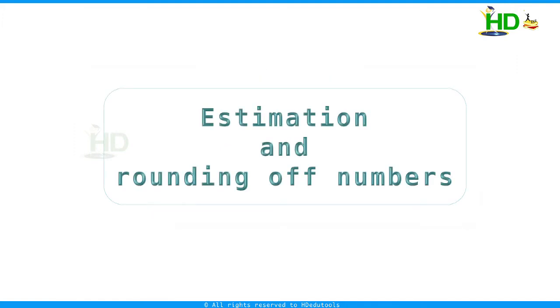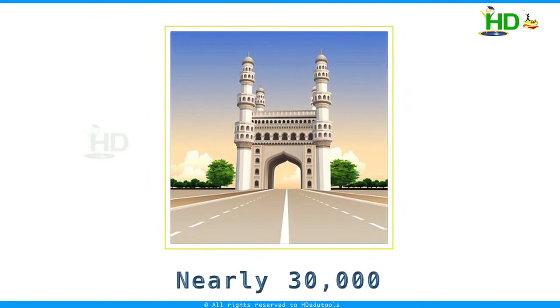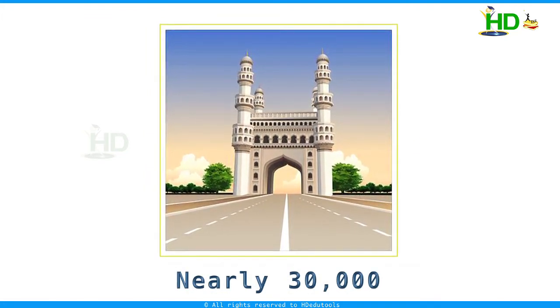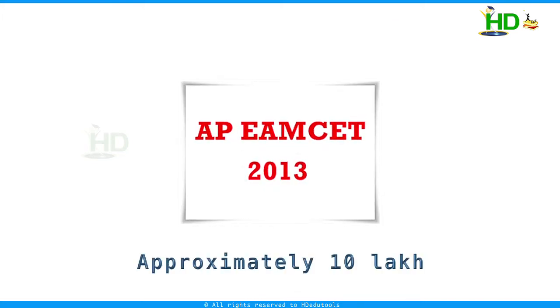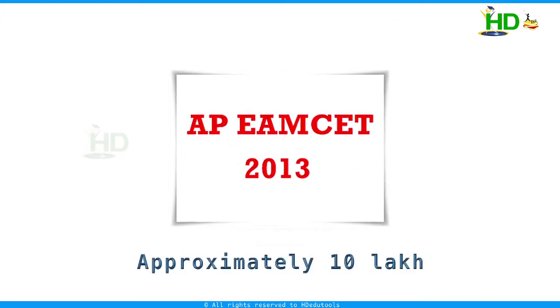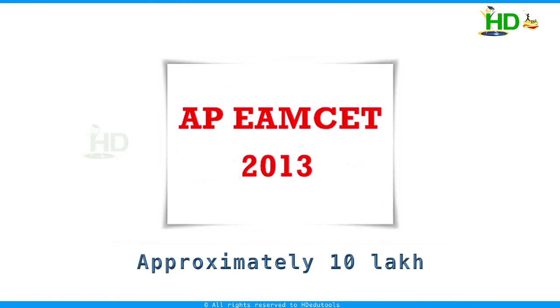Next, estimation and rounding of numbers. We come across many situations in our daily life, such as nearly 30,000 people visited Charminar in the month of April. Approximately 10 lakh students will appear for MCET this year.